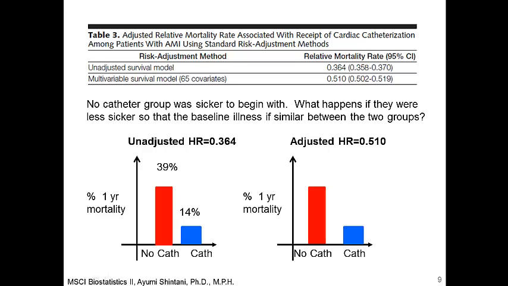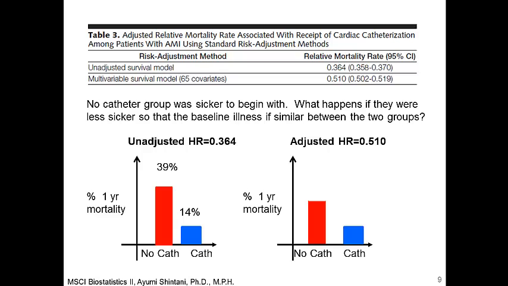Okay? So therefore, in adjusted analysis, by using regression technique, we estimate how much sicker they are based on the fact they are sicker to begin with. Right? So what if they are not as sick? In the non-catheter group, they discounted that excess mortality, which they think is due to just a baseline imbalance.